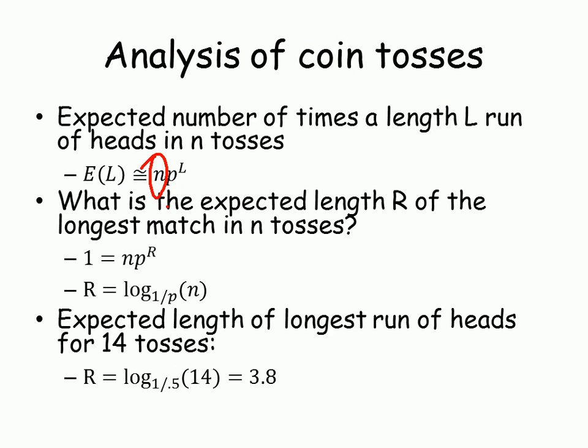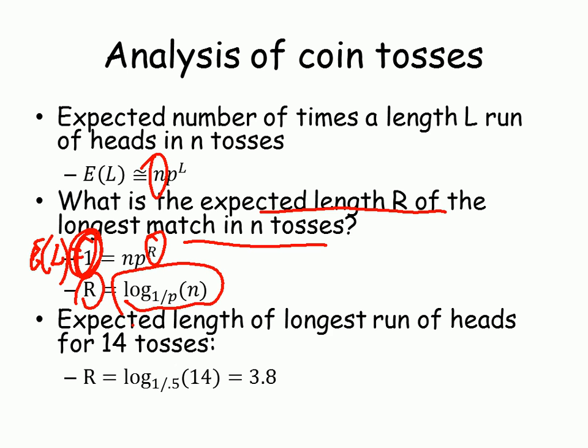All right. So the next problem is, what's the expected length of the longest match? So what we do is we say E(L) equals 1. So we write 1 for the expected number of times that this match can happen, and then solve it for R. Okay, so R will be the longest match that we expect to see, and if you take the log of both sides, you get R equals that.